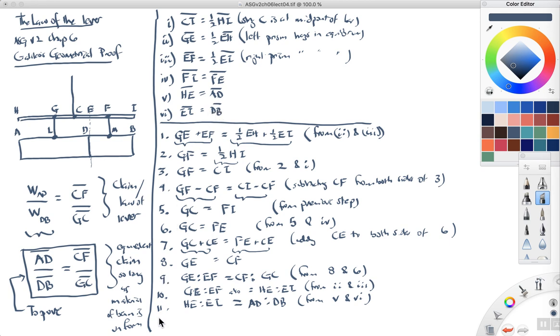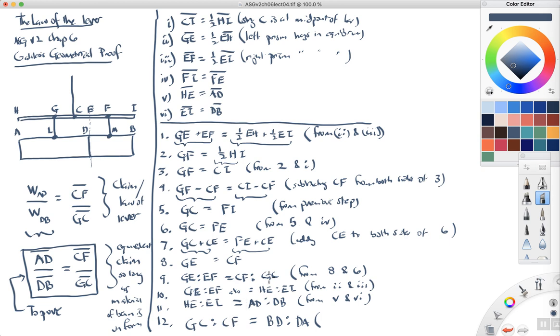Okay. And finally, point 12 now, this is where we bring all three of these 9, 10, and 11 together to say that GC is to CF in the same ratio as BD is to DA.